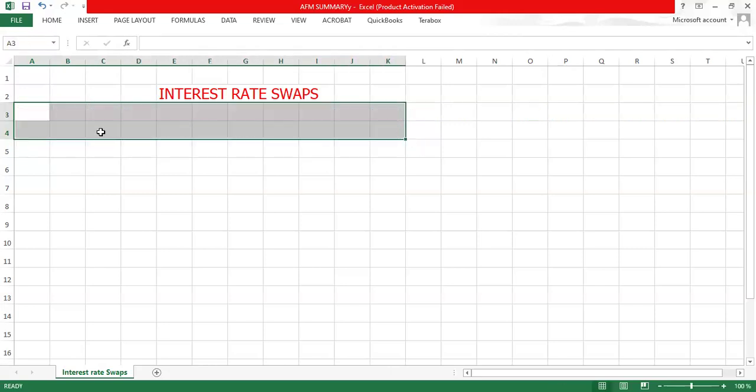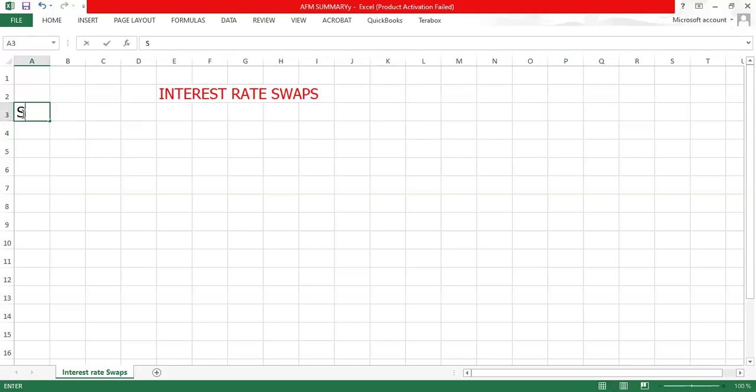Now, when you're handling this part, there are some steps that you must know, especially when it comes to computations. Always identify the two parties as you handle your calculations.